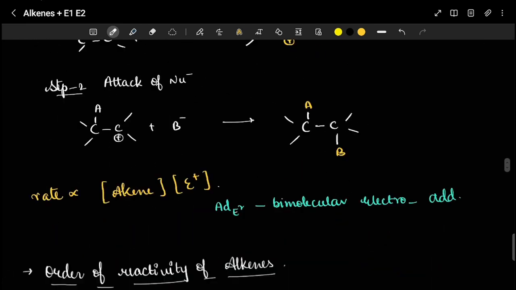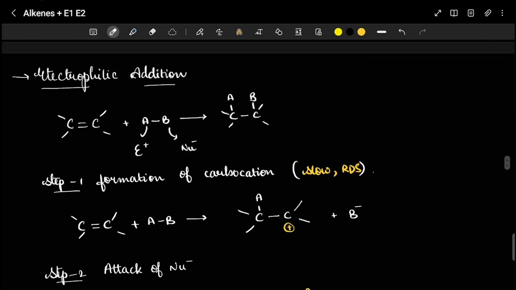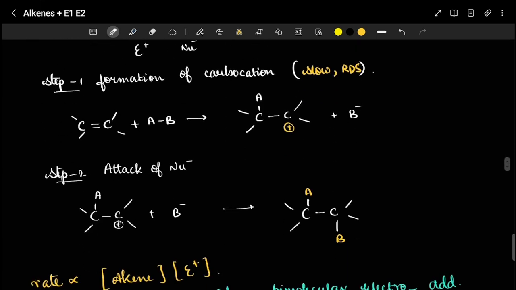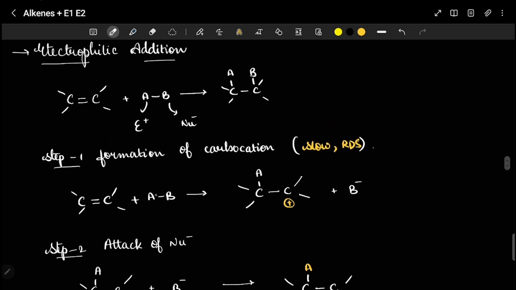So it occurs in two steps. The first one is the rate determining step, formation of intermediate or formation of carbocation. First, the electrophile and nucleophile break from the solvent, whatever we are using. And then first the electrophile, what happens?